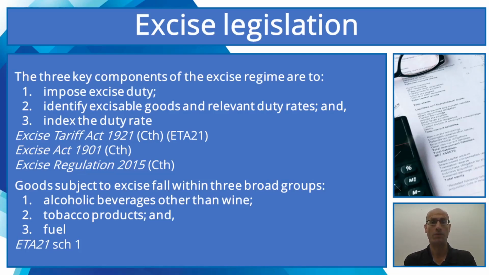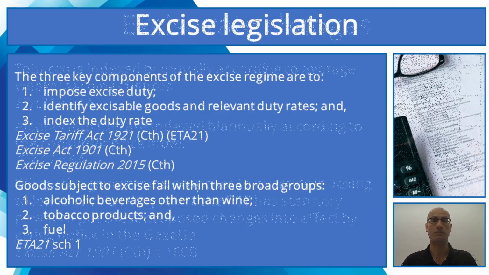Don't get me wrong, the Commonwealth government is very happy to take billions and billions of dollars from taxpayers in regards to these areas, but functionally, if we could discourage people from smoking tobacco, it would actually create a great amount of relief to the healthcare system. So there is a balance to be noted there. And the last thing to note is that wine, Australia being a very large wine exporter, has a separate and distinct set of rules as well.